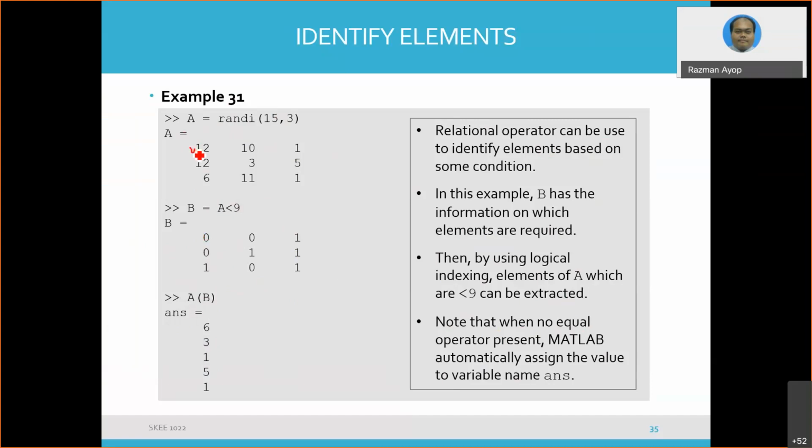This one and this one is 0, so no need to consider. This one is 1, so you show 1. Okay, and then 0. This one is 1, 3. You take this one because there is 1, you take 3. So 0 and so 0. So all of these are 1, you have to take everything. So you get the answer.